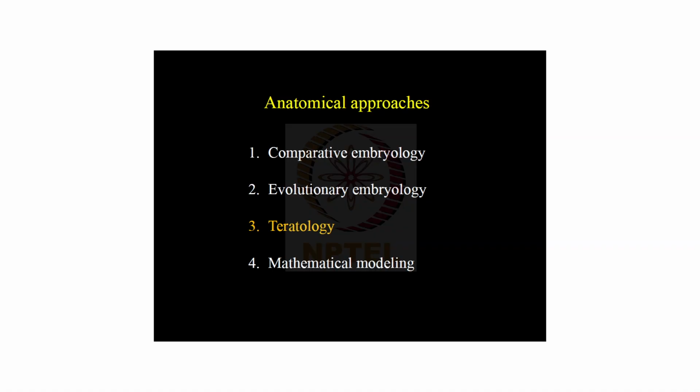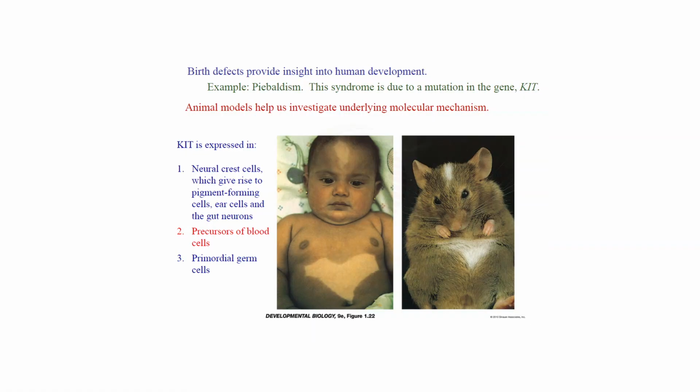Next is teratology. As I told you, these are some of the chemicals which help us understand better which part of the developing embryo is affected, leading to what kind of defect in the organism. This is piebaldism. This syndrome is due to a mutation in the gene KIT. Animal models help us investigate the underlying molecular mechanisms.